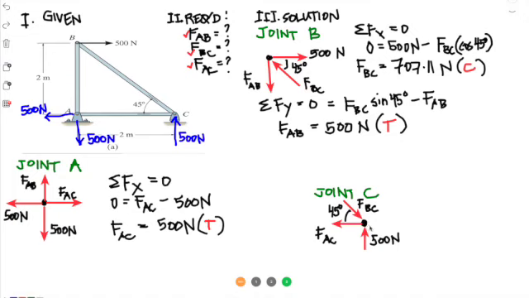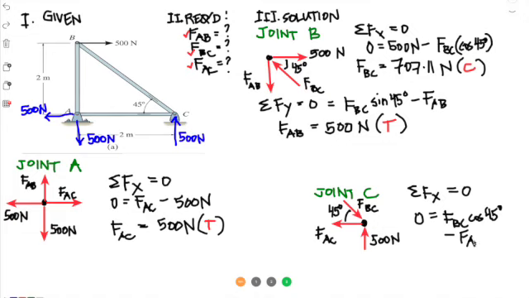So for joint C, you just need to do a summation of forces in X here as well. That's equal to 0. So 0 is equal to the component of FBC, which is adjacent, so that's cosine. So that's FBC cosine 45 degrees minus FAC.